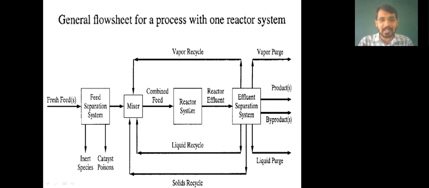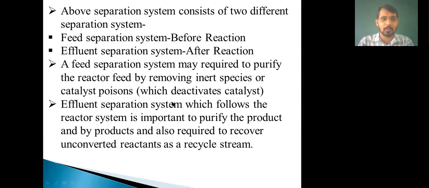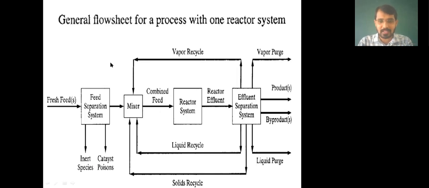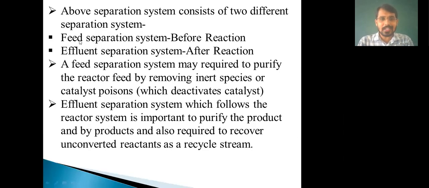In the feed separation system we are removing impurities. And after the reaction, we have the effluent separation system, from which we are getting product, byproduct, liquid purge and vapor purge. Means the feed separation system occurs before the reaction and the effluent separation system occurs after the reaction.